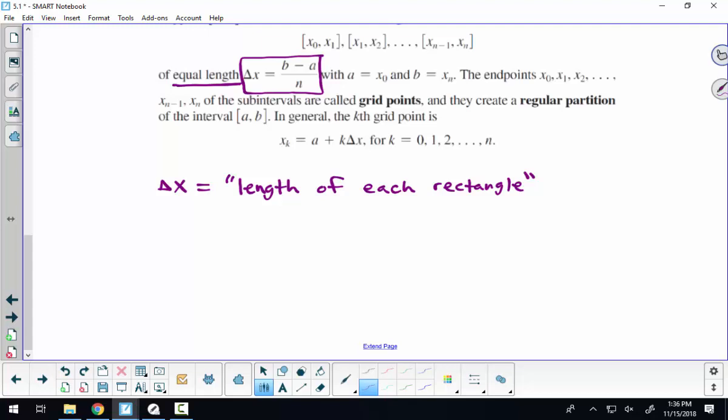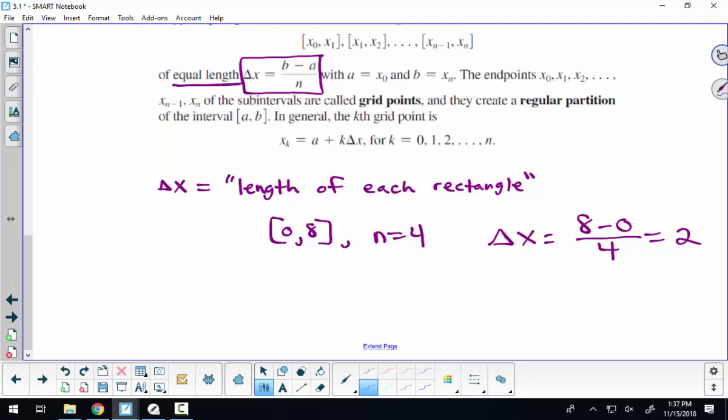So like that previous example, when we had the interval from 0 to 8 with n equal to 4, we said the rectangle's lengths were all 2. Because delta x is the total length of your interval divided by how many rectangles you're putting in that. So the length of all of those were 2.